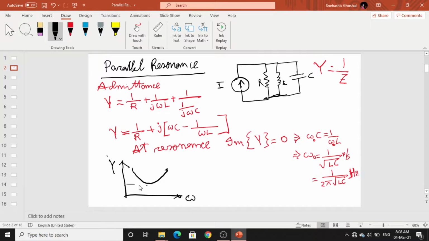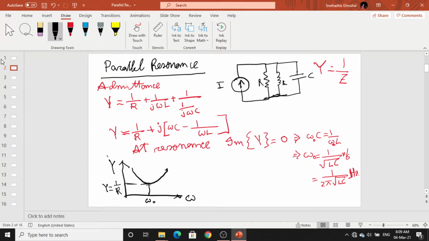Okay, and this point is resonance frequency omega naught, and here the admittance is 1 by R. So this is the scenario.